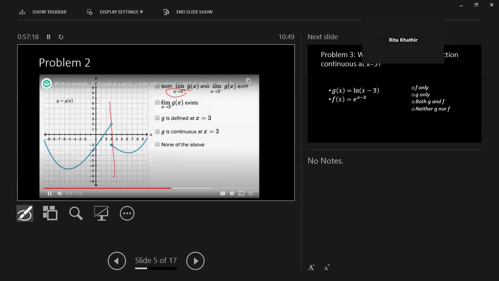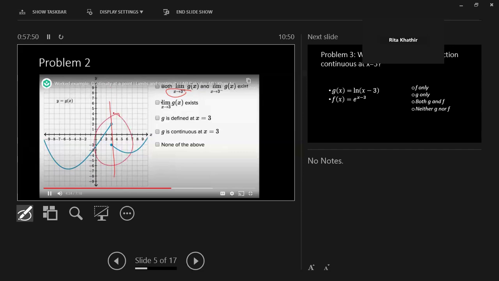It is a jump already. Remember, the limit exists only if continuous. Discontinuous means the limit does not exist. Remember again, I told you from the first slide, I told you the story, 3 types of discontinuity. That means no limit. The limit does not exist at that position.